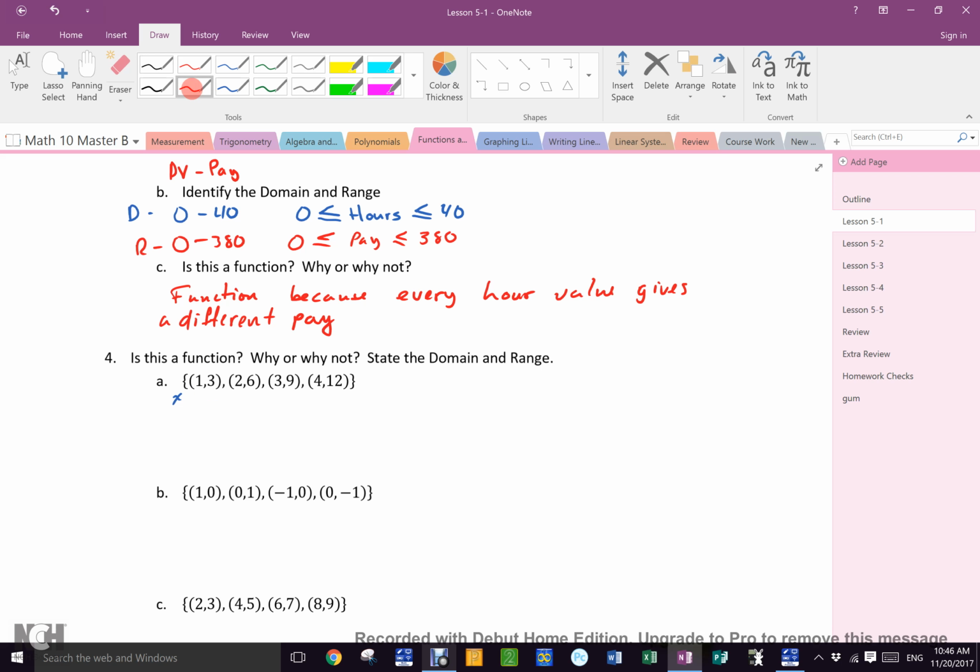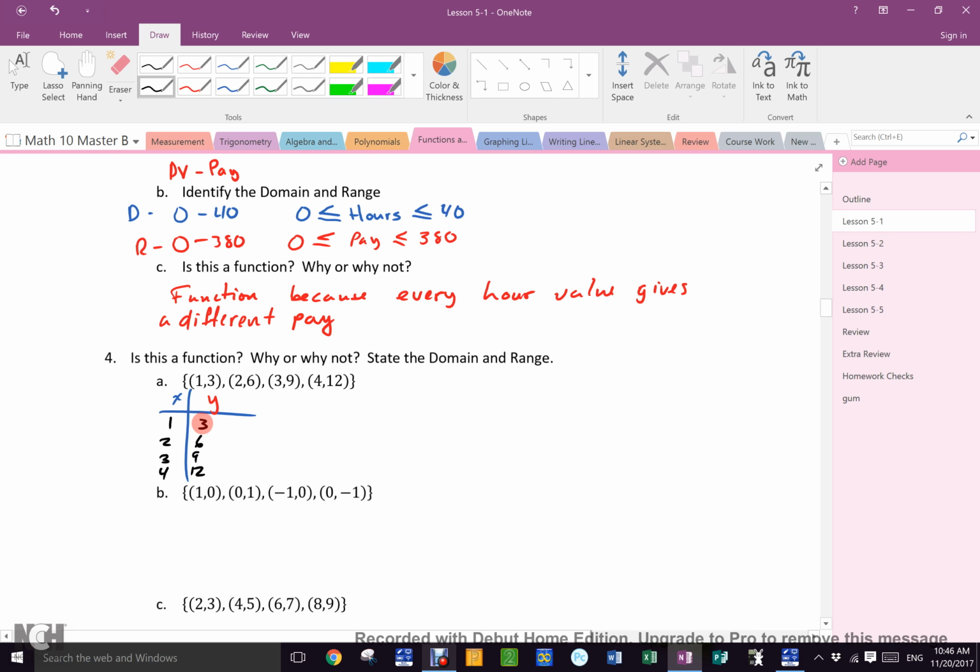X's are the independent variable, yes? So what are the options for X? 1, 2, 3, 4. What's the Y that goes with 1? 3. What's the Y that goes with 2? 6. What's the Y that goes with 3? What's the Y that goes with 4?